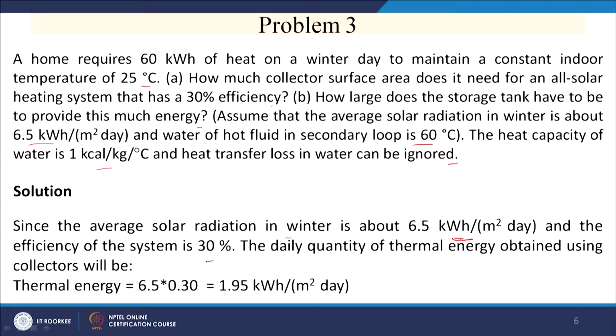So, daily the thermal energy obtained using these collectors will be 6.5 kilowatt hour into 0.3, that is equal to 1.95 kilowatt hour per meter square day. So, this is our effective energy which we are able to get in heat form, which can be transferred into the water.